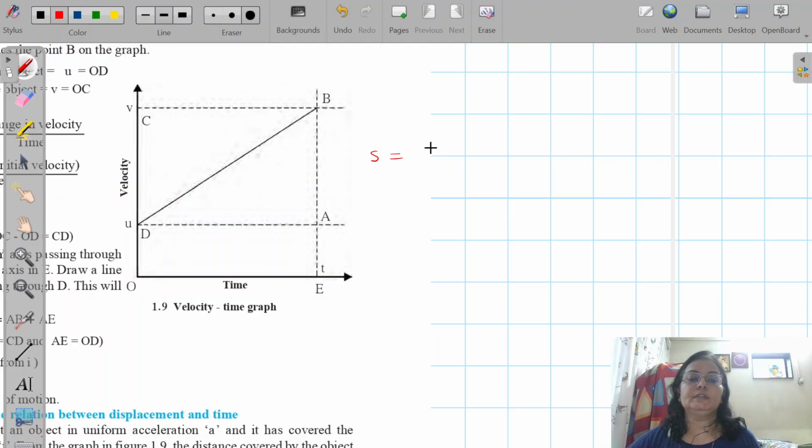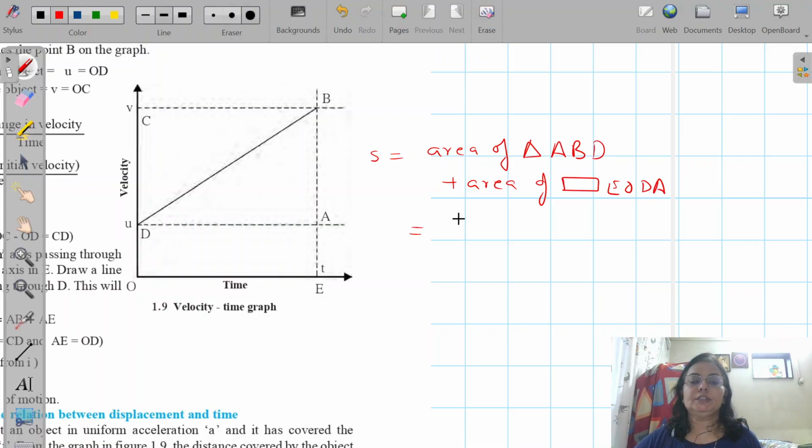S, the distance travelled, should be the area of this quadrangle. We have studied this. If the movement of an object is in a straight line, the area under the velocity time graph will give us distance. So distance is equal to area of triangle ABD plus area of rectangle EODA.